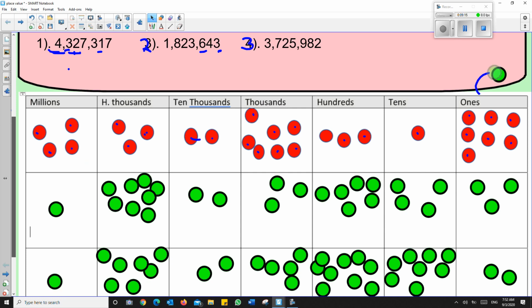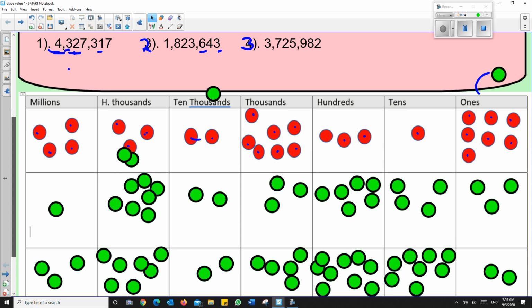So we have represented the 3 numbers that I've written.